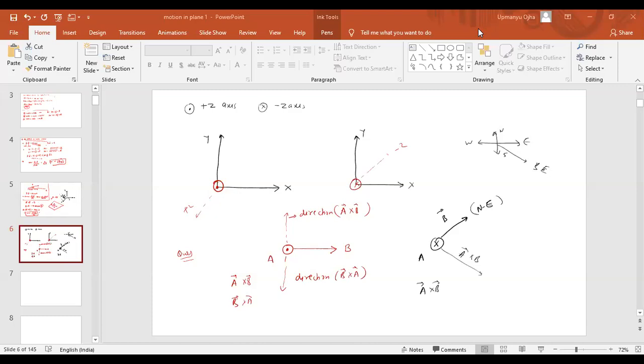Yes, B is pointing towards the northeast. Let me show you something.